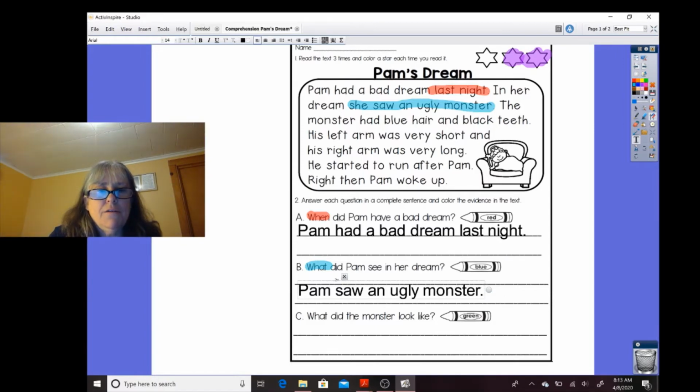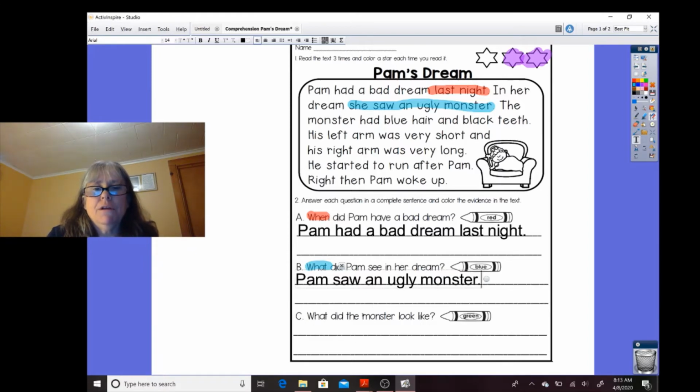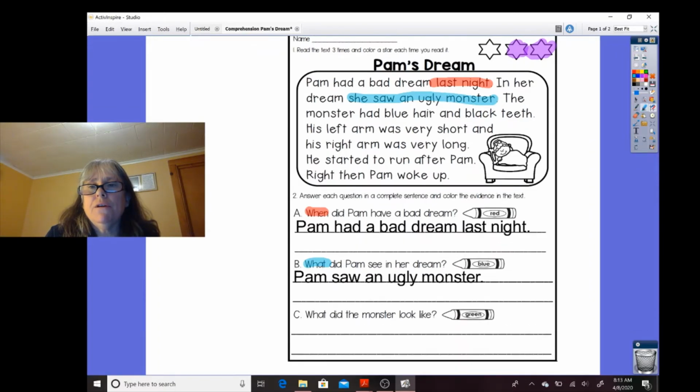And again, I have my uppercase, I have my period at the end. My letters that hang below the line are below the line. All right. So next, what did the monster look like? All right, so this says green. So I'm going to get my green highlighter. And we're going to go back and read again.